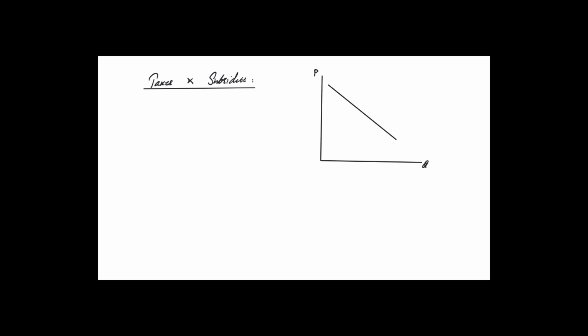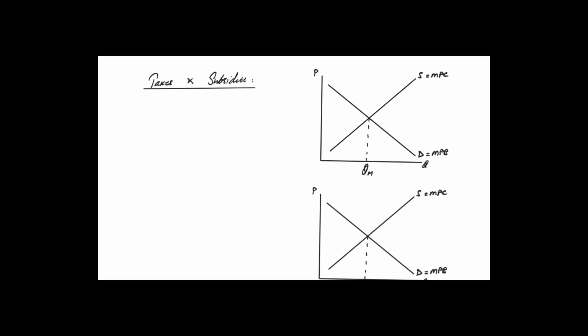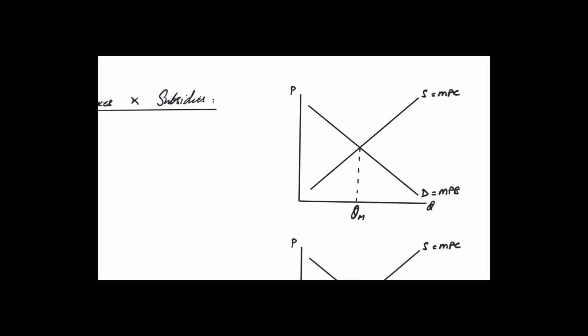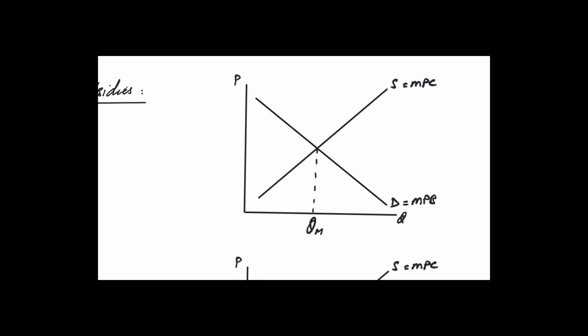So what we had was, on the basis of demand and supply, especially marginal private cost and marginal private benefit, this was the quantity the market was producing. Okay. Now, in case of a merit good, let me write it here.